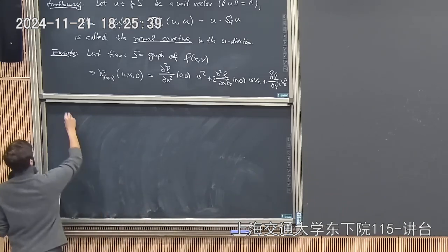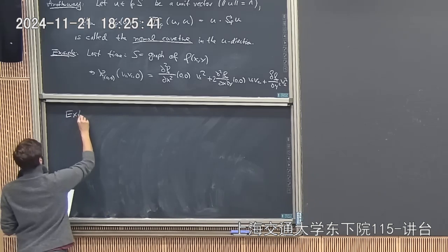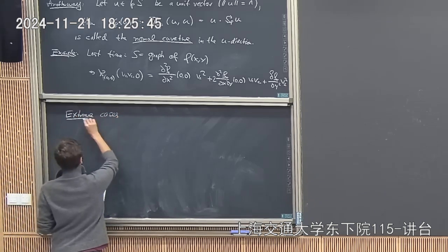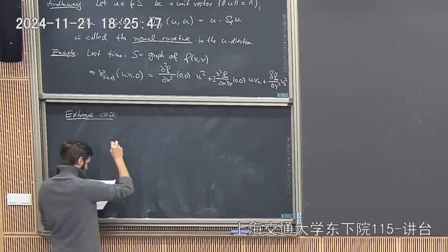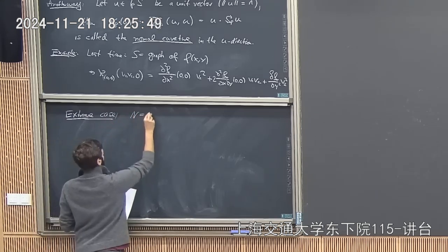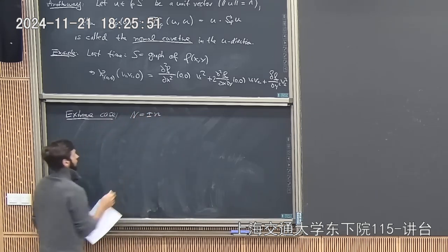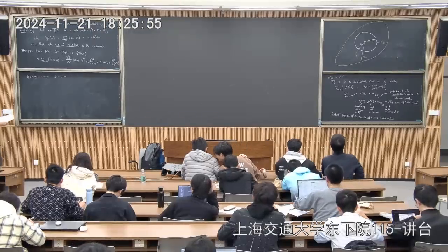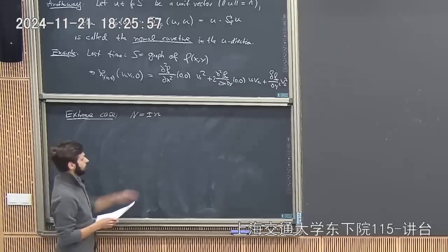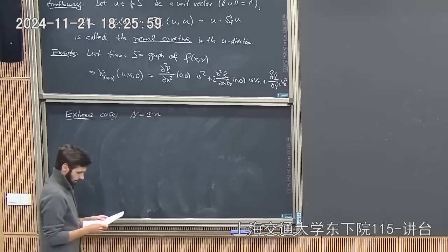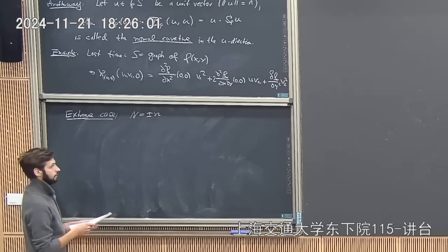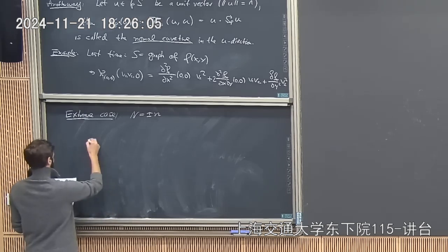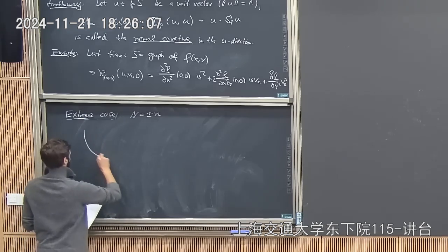Maybe first, an extreme case that's still interesting. If the normal direction is plus or minus the normal of the curve, then this inner product just is plus or minus 1, and we get the following picture.